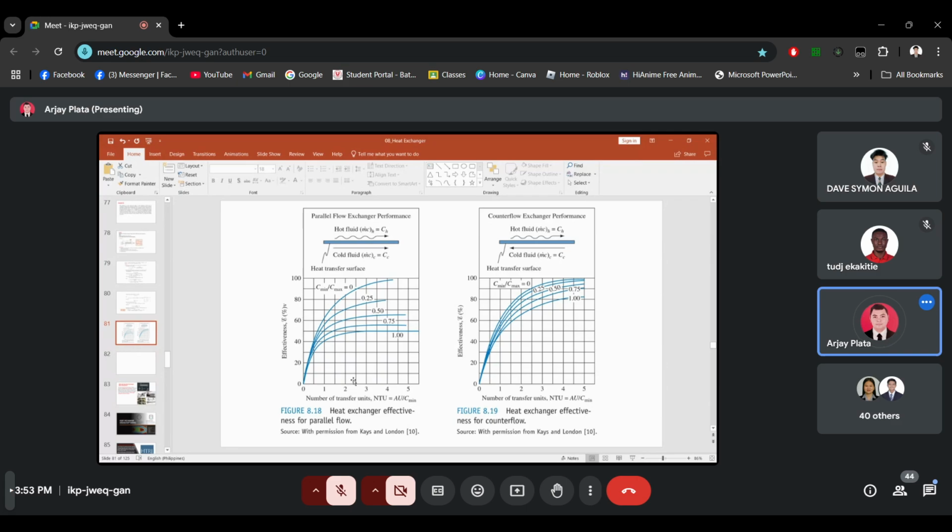Here you can find the value of the effectiveness given the ratio of C min over C max. This graph is for parallel flow exchanger performance. The other graph is for counterflow exchanger performance.